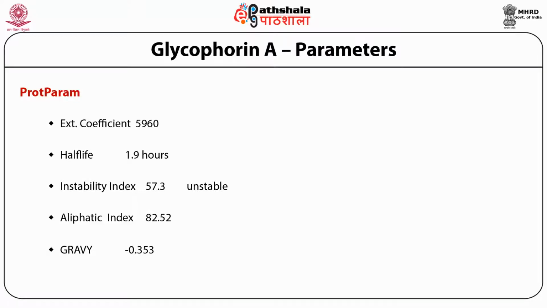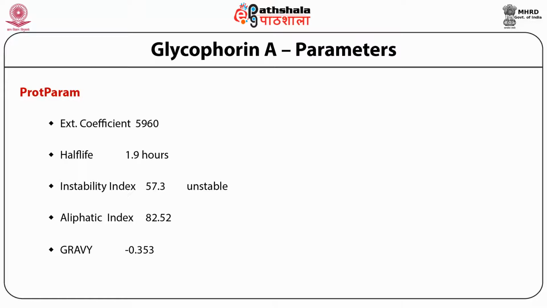The aliphatic index of a protein indicates the thermostability of globular proteins and is calculated from the relative volume occupied by small aliphatic side chains of alanine, valine, isoleucine, and leucine. For glycophorin A, the ProtParam tool reported 85.52.